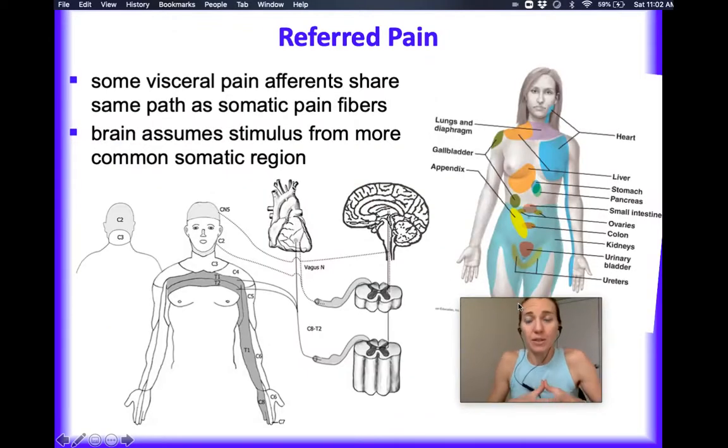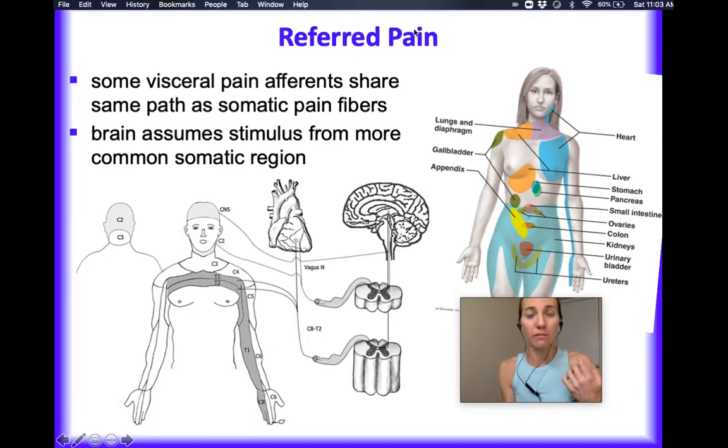Given that visceral pain can be so vague in its nature, referred pain can be really useful from a clinical standpoint. Many of the visceral pain afferent fibers are actually shared along the same pathways as somatic pain fibers. A common one that many of you are familiar with is this notion that a heart attack may be perceived by pain radiating down the left arm.